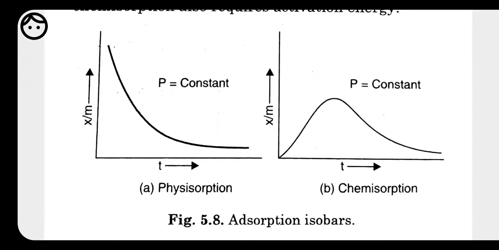So in chemisorption, when we increase the temperature, first the extent of adsorption increases, but after some time it decreases. So for physisorption and chemisorption we have different adsorption isobar graphs. For physisorption, on increasing the temperature, adsorption decreases, but in chemisorption it first increases and then decreases.